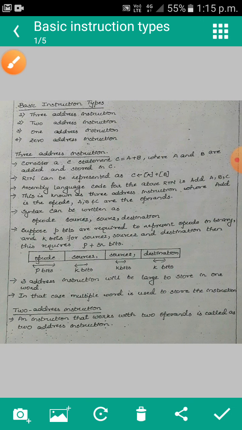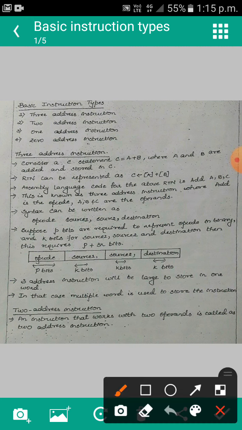Suppose P bits are required to represent the opcode in binary, and K bits are for source 1, source 2, and the destination. Then this requires P plus 3K bits. That is P bits for opcode, K bits for source 1, K bits for source 2, and K bits for destination.